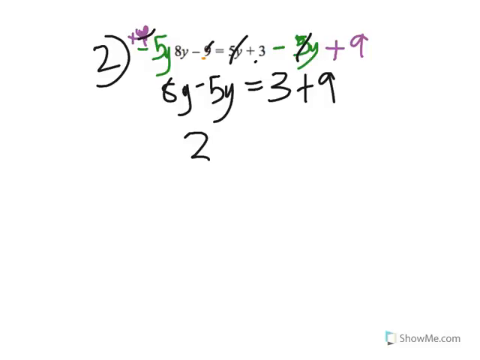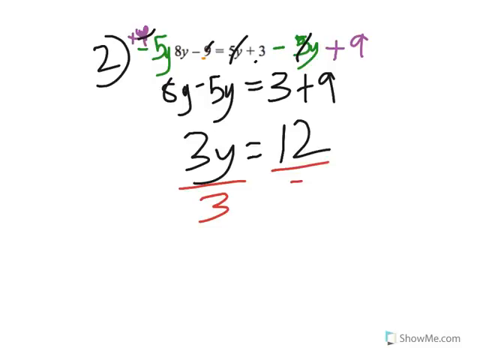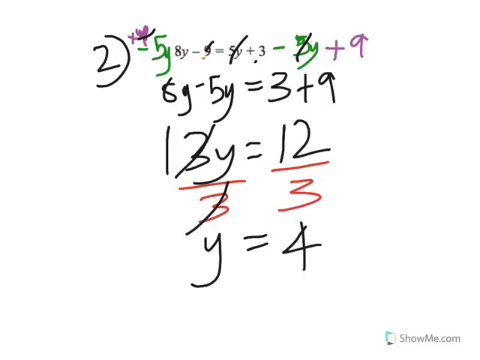So 8y minus 5y is 3y, and 3 plus 9 is 12. Now we need to find y. So we divide both sides by 3, and 3 and 3 cancel to form 1. So y is equal to 12 divided by 3, which is 4.